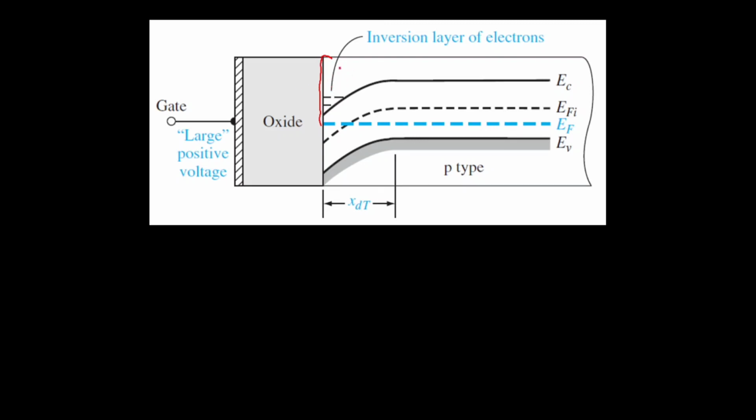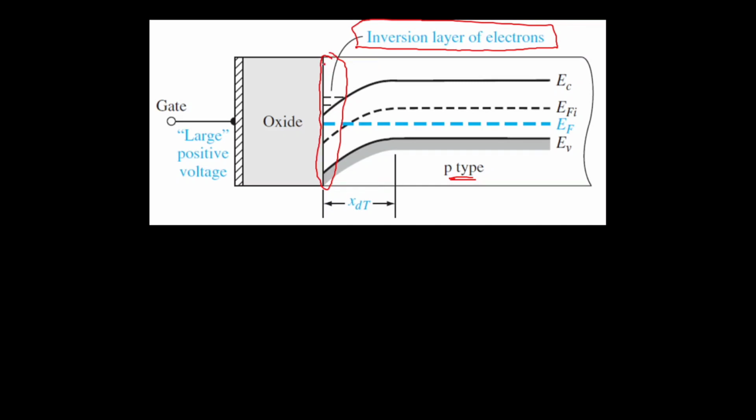Whatever positive charge is available here is pushed away from this junction, and this region becomes a negatively charged region. That means the p-type semiconductor becomes an n-type semiconductor in this region. That is known as the inversion layer of electrons. So this region is inverted, its characteristics are inverted from p-type to a kind of n-type material.